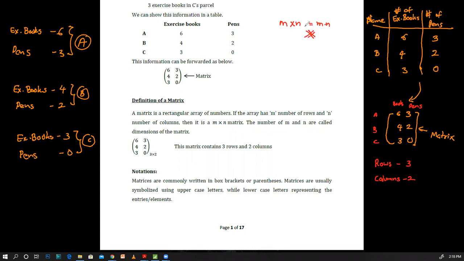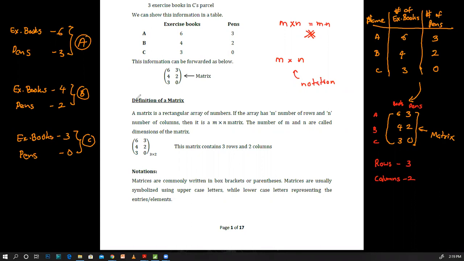It is just a notation only, and this notation suggests the dimensions of the matrix. In this case, we can see that we have used 3 rows and 2 columns.